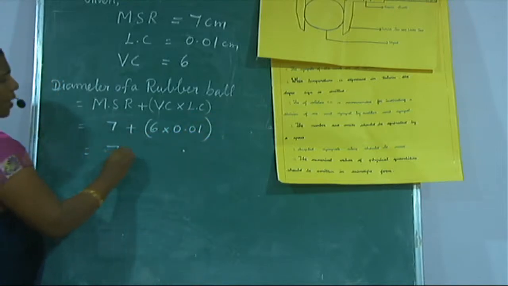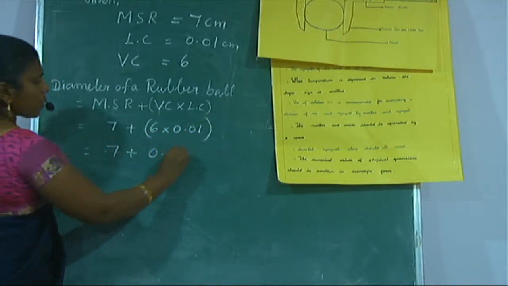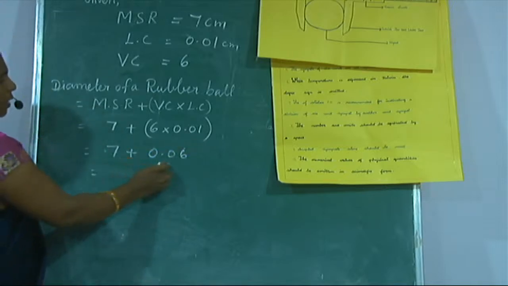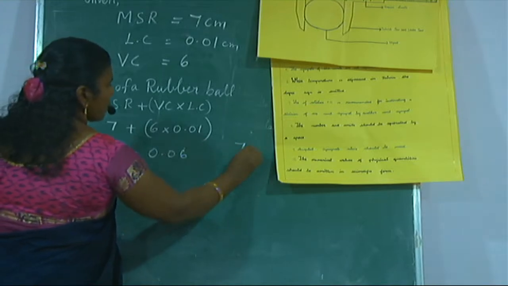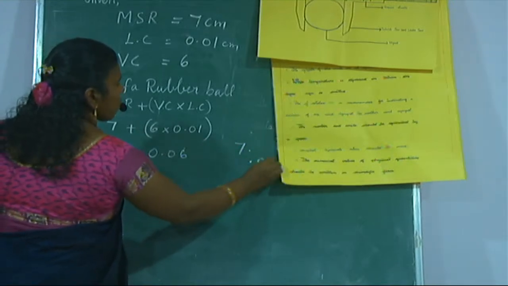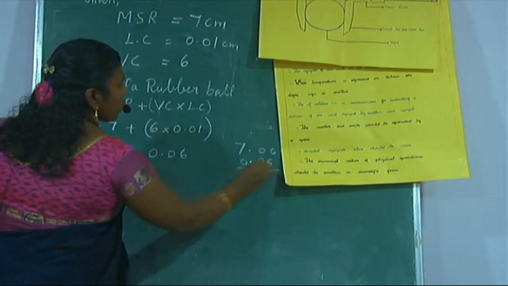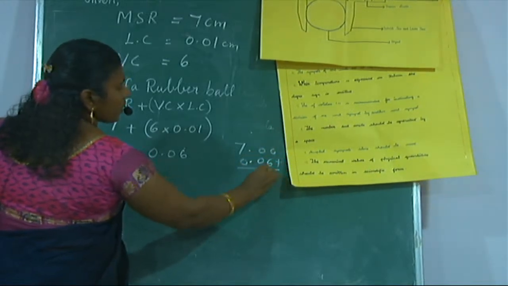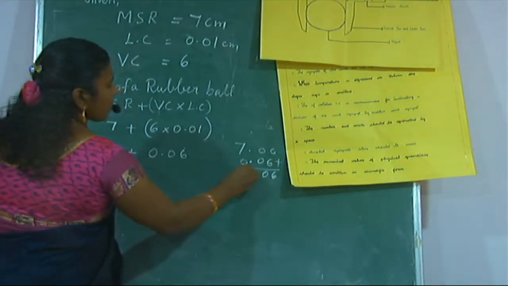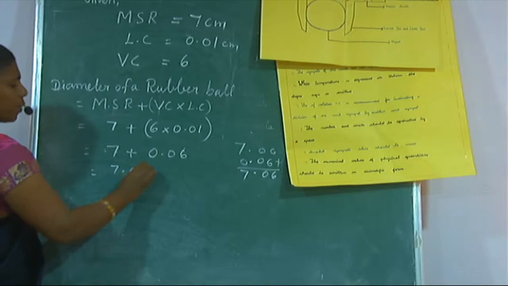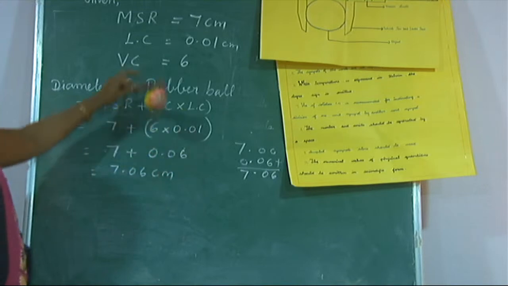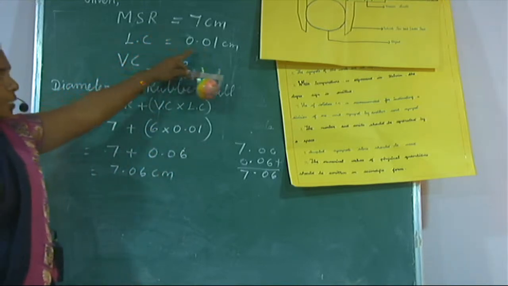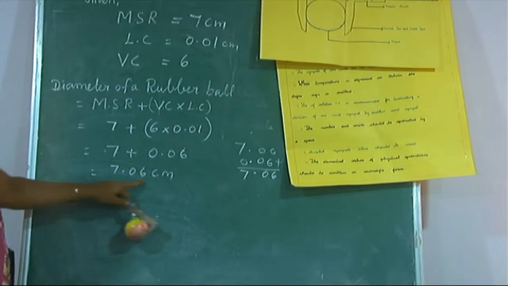So you will get 7 plus 0.06. 7 is the whole number, and the decimal part is 0.06, so you can add like this: you'll get 7.06 centimeter. You have to write the unit in centimeter. Why? The MSR reading is given in centimeter and the least count we multiply is in centimeter, so the answer also will be 7.06 centimeter.